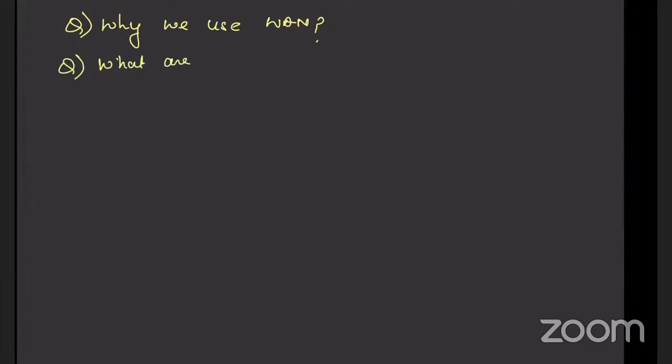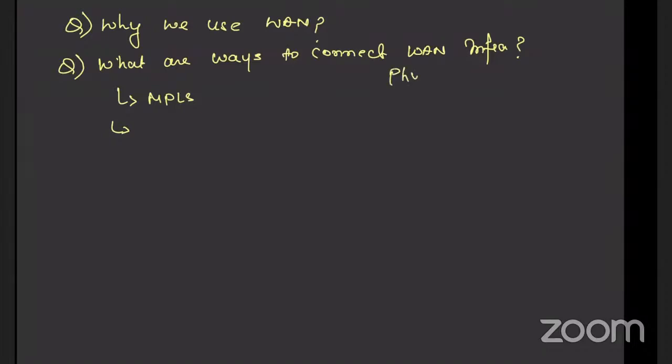What are the ways to connect a WAN infrastructure? It's MPLS, then VPN, different types of VPN. Site-to-site VPN, DMVPN. So DMVPN and all that stuff is in the overlay. Here we're talking about the physical connectivity, not any type of tunnel.